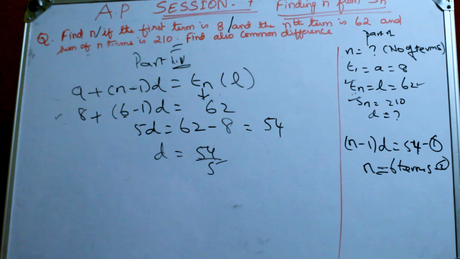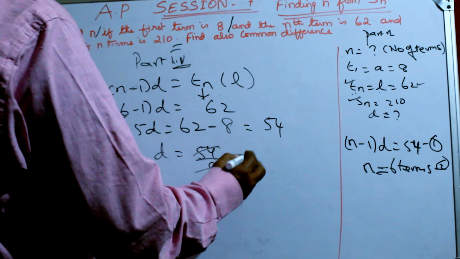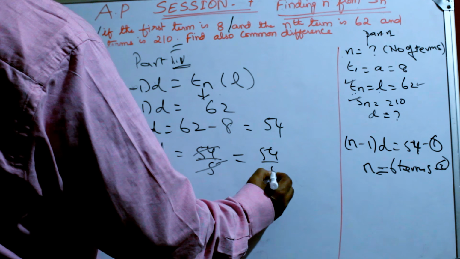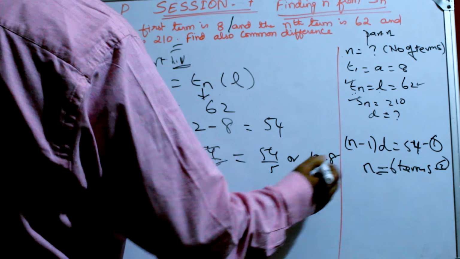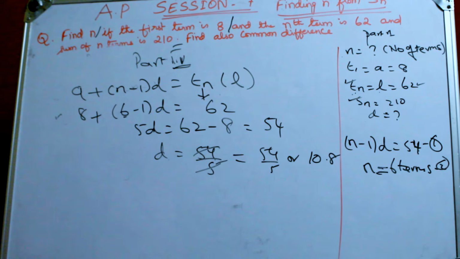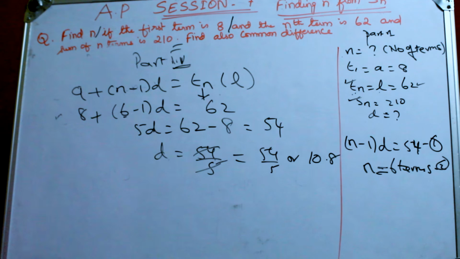Sometimes we get fractions, so you can write 54 by 5, or when you divide this, you get 10.8. Anyone you can write. So this is the sum dealing with n and D. Hope you understood this. Thank you.